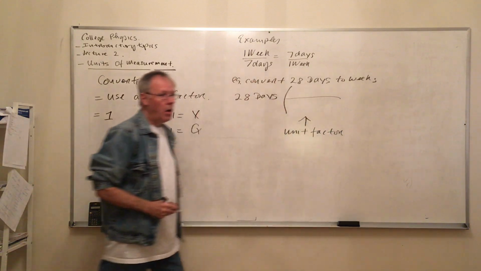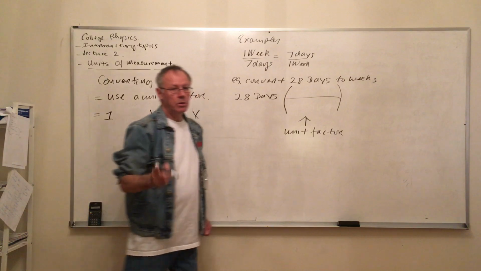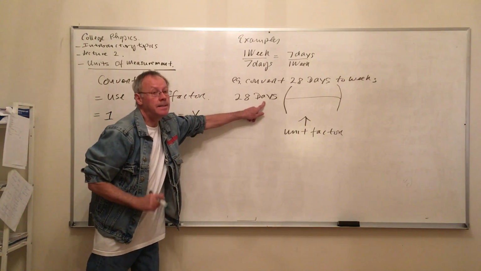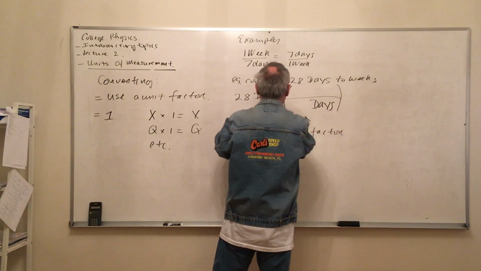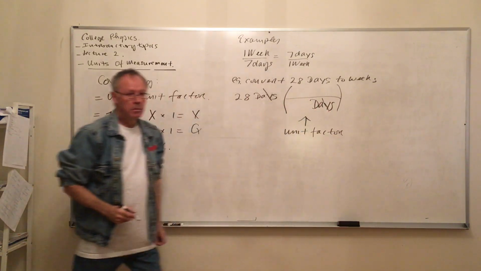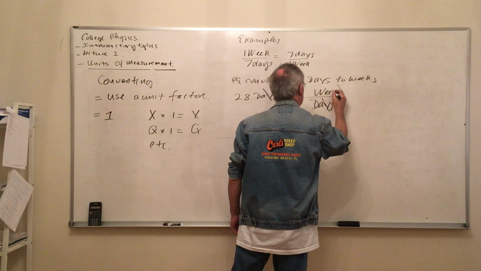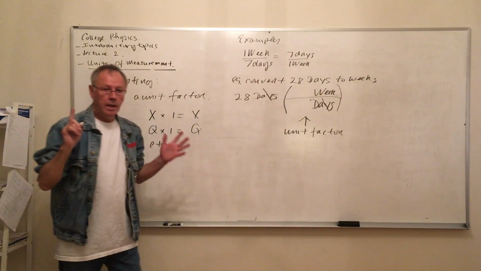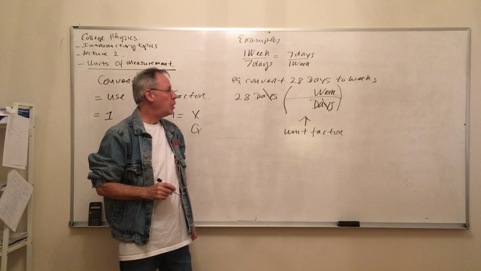To convert, we always use our unit factor. When we use a unit factor, the thing we want to get rid of is the days. That goes downstairs because we want to cancel. Now we construct the unit factor. The thing we want to end up with goes upstairs with the unit factor. In this case, it's weeks.